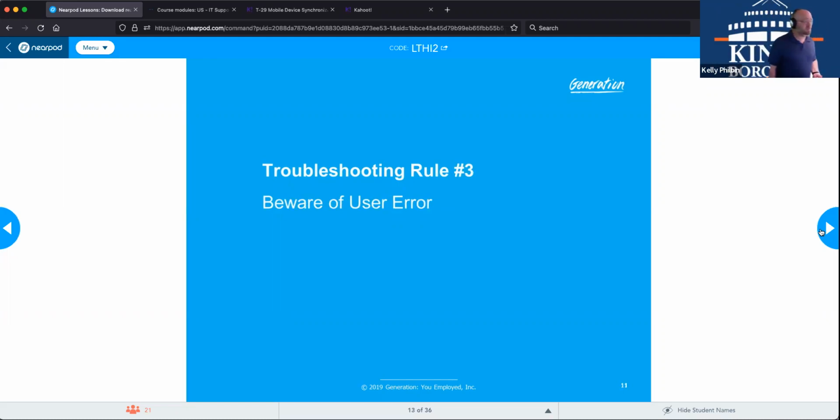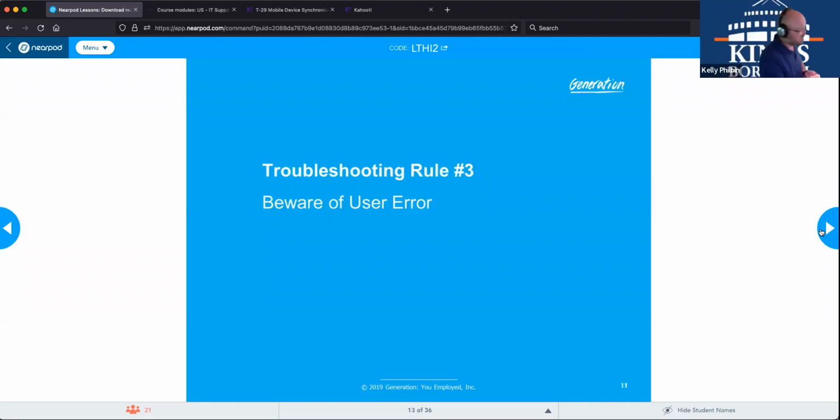Always, always beware of user error. Could be a new software they're just not familiar with. Could be they've been using it for years and just accidentally clicked on something else. Maybe an update came across and they moved the menus around a little bit. They're just used to going click here, click here, click here, and then the menus moved, like they added a new function, and now they've clicked on something completely different and lost the document they're working on.